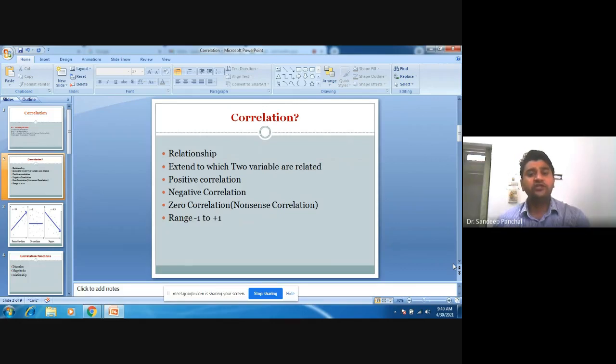We also want to know what is the extent of the relationship. That means we want to have the quantification of the relationship, the magnitude of the relationship, how much the relationship is between two things or two variables.